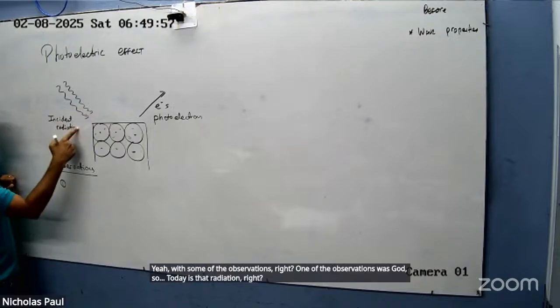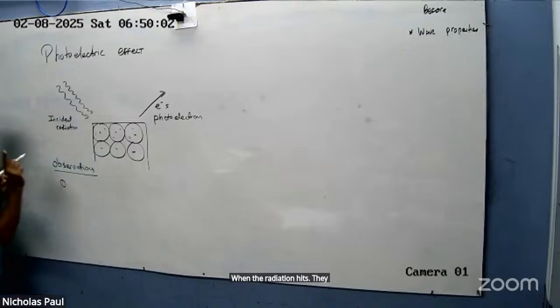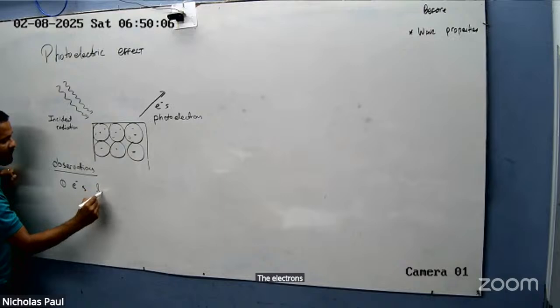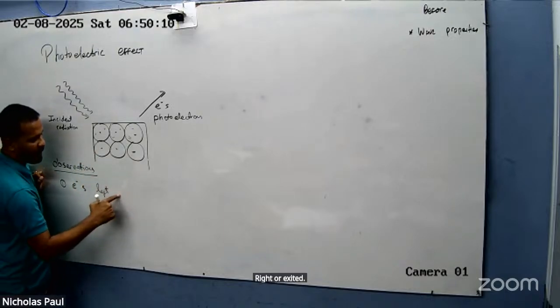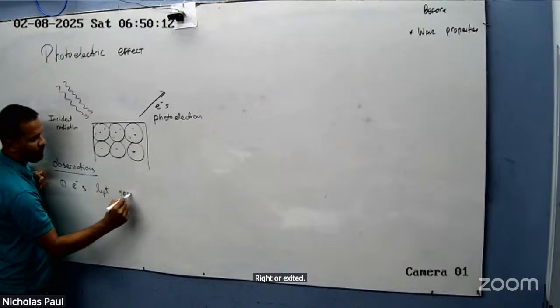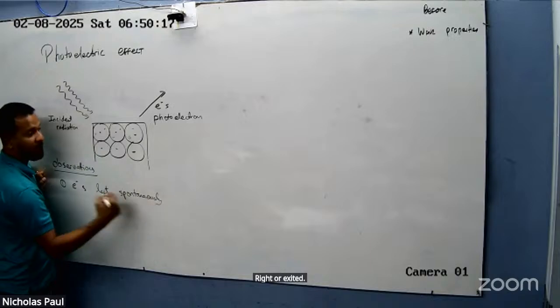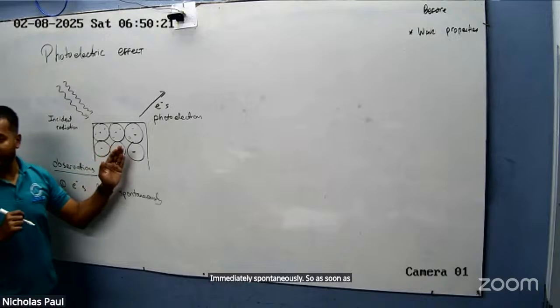When the radiation hits, they thought that the electrons, well, let me give you the observation first, actually. The electrons left, or exited, immediately, spontaneously. So as soon as the radiation hits, the electrons leave.